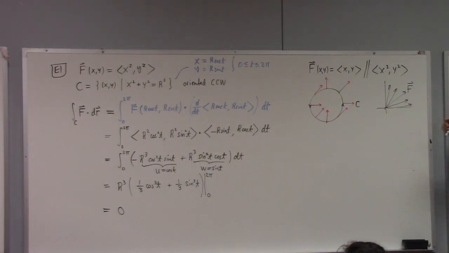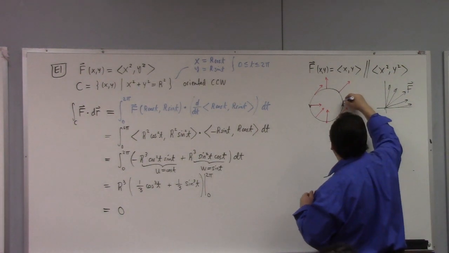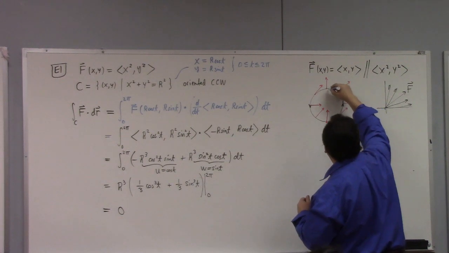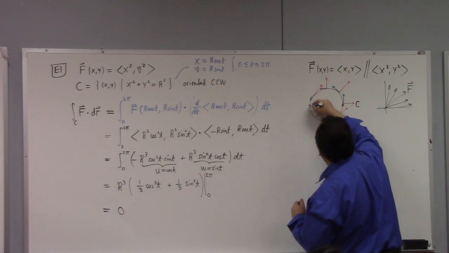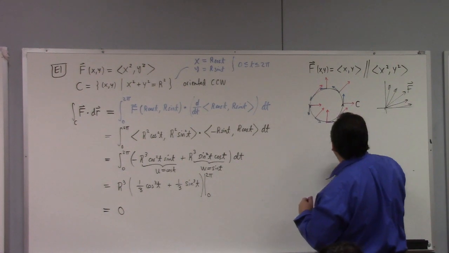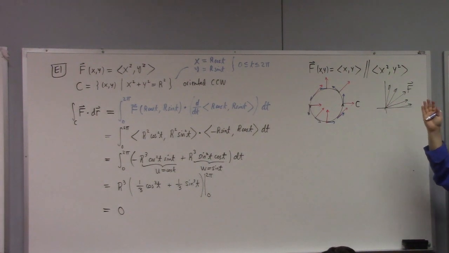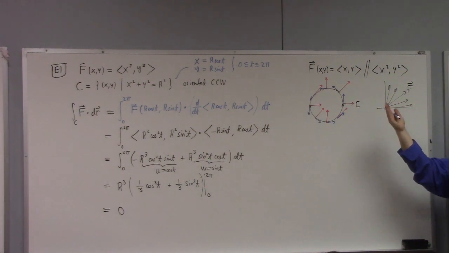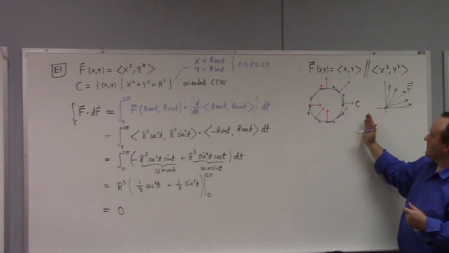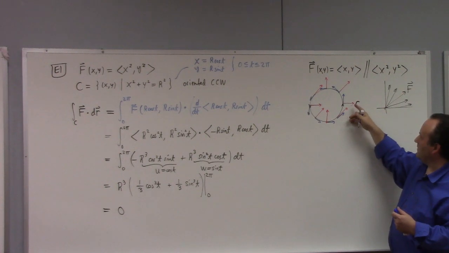But the tangent to the circle, which direction is it pointing? Well, that varies, doesn't it? So the tangent to the circle is right here, right here, right here, right? So the way that the vector field lines up with the tangent, there's a symmetry to it, right? And it's giving you positive work in certain sectors, probably.